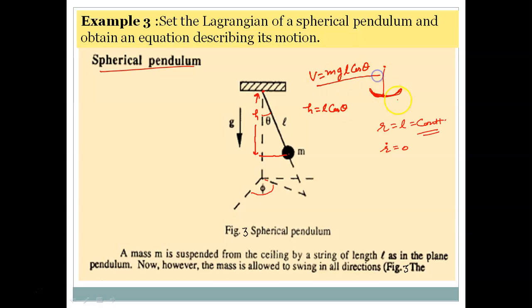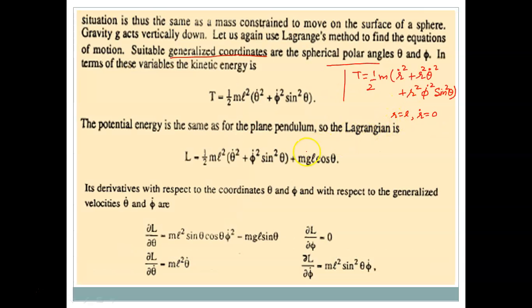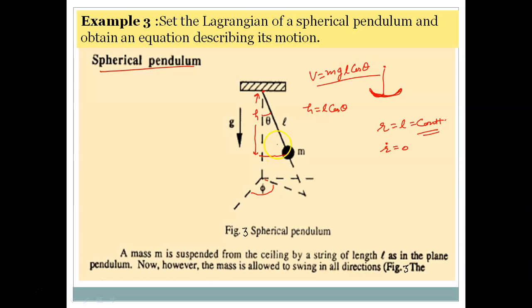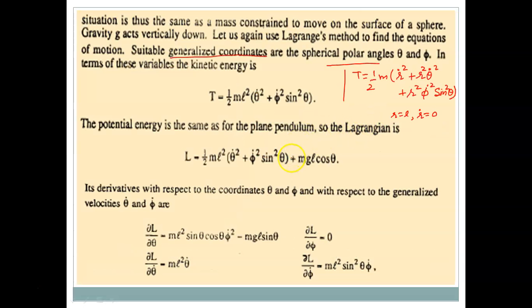Because the coordinate system is here and we are measuring in the downward direction, we can consider it as negative. So minus V gives you plus mgL cos theta. This is the potential energy and that is the kinetic energy.